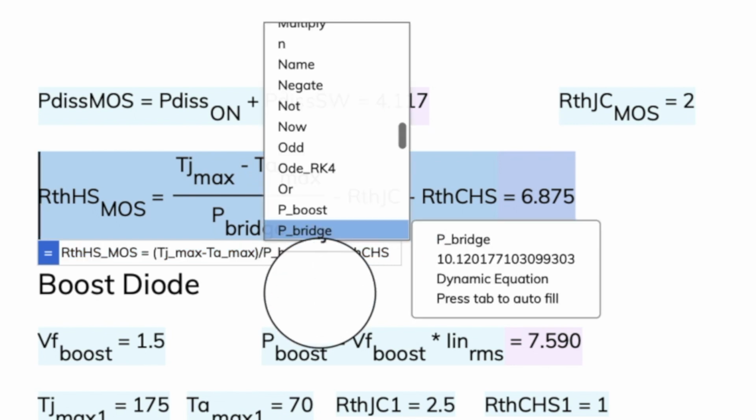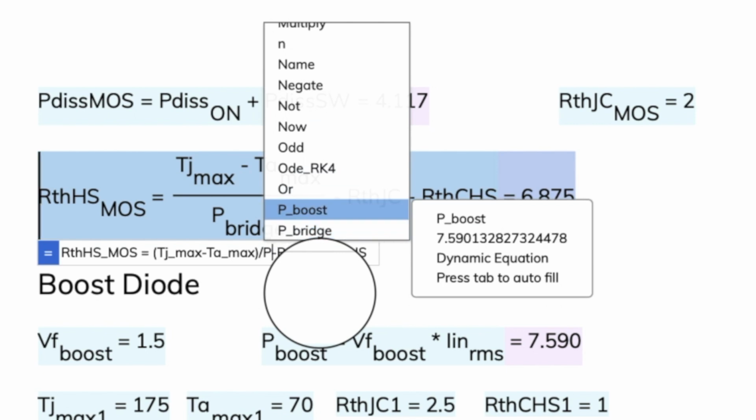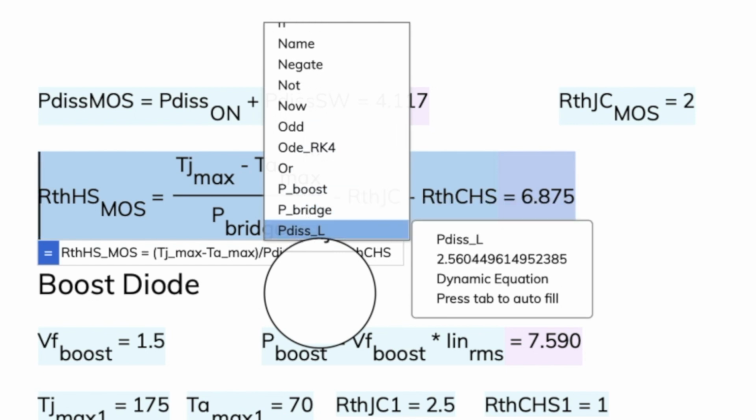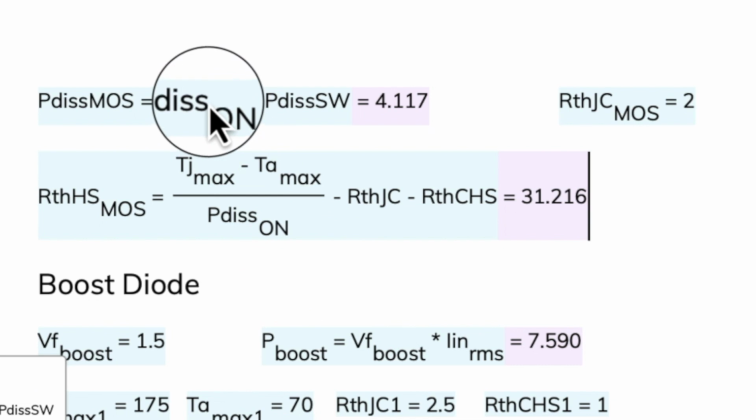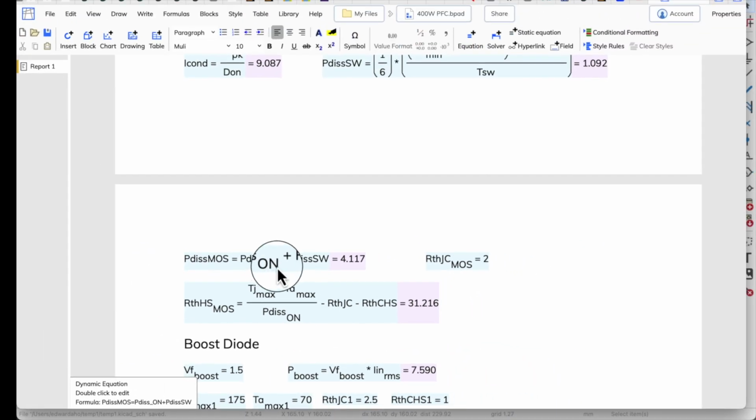So what I do is come over here and power DISS underscore ON. So what I do is when you hit underscore, it puts it down here as a superscript, or is that subscript and the superscript's on top?